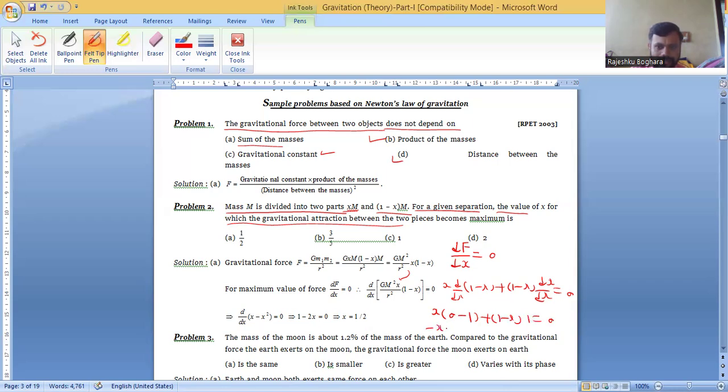So minus x plus 1 minus x equal to 0. Minus 2x plus 1 equal to 0. Then 1 minus 2x equal to 0, then x equal to 1 by 2. So the mass should be half. When both parts have the same mass, the force is maximum. So here x equal to 1 by 2.